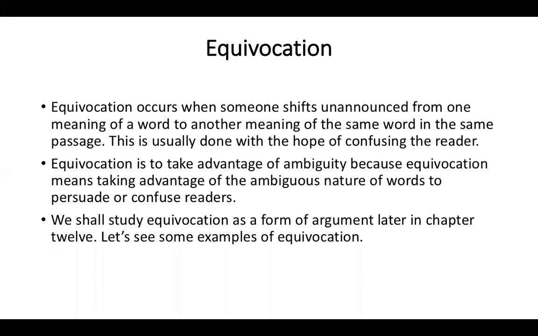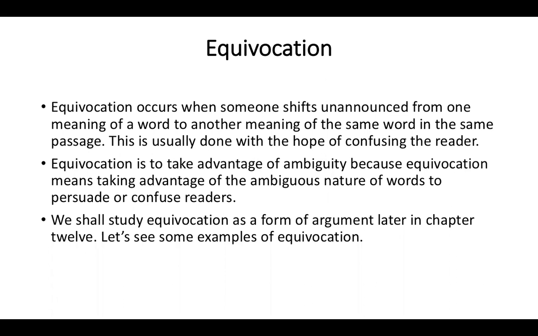Equivocation. Equivocation occurs when someone shifts unannounced from one meaning of a word to another meaning of the same word in the same passage. This is usually done with the hope of confusing the reader. Equivocation means taking advantage of the ambiguous nature of words to persuade or confuse readers.